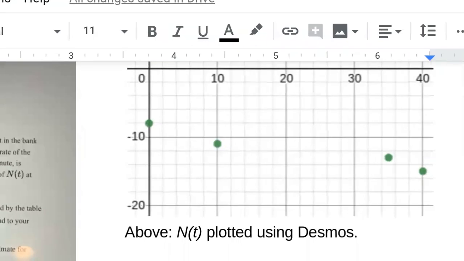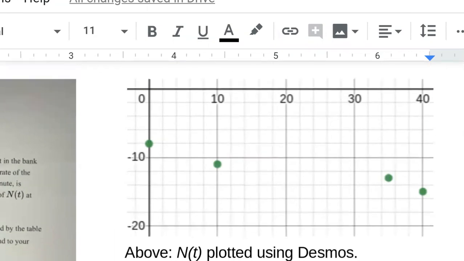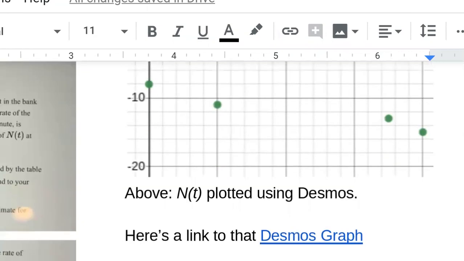Remember, n is the rate. So area underneath this is going to give us coins. You can figure that out by remembering the units. This was coins per minute on this axis, and on this axis we had minutes. So coins per minute by minutes is going to be coins. And that's what we're actually approximating with this Riemann sum.